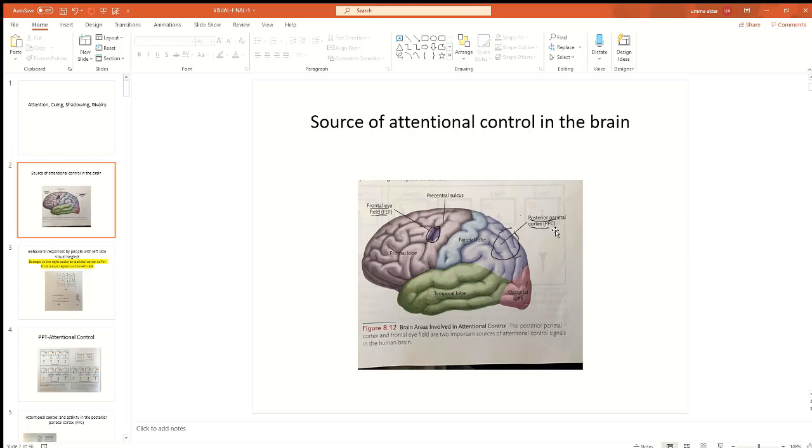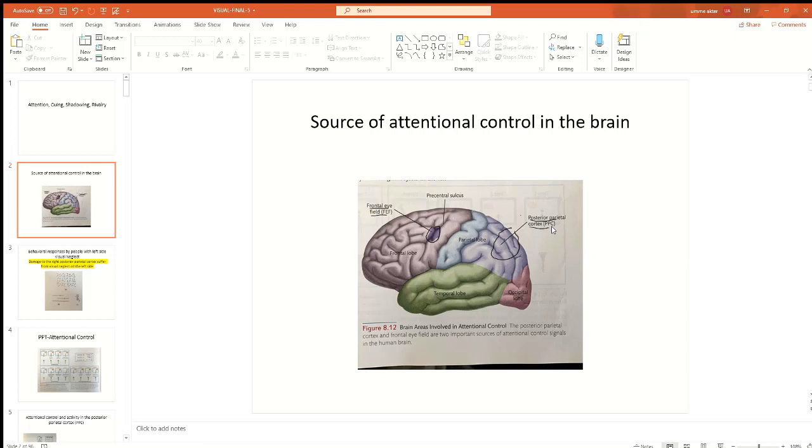Now you see here, if any lesion occurs in the posterior parietal areas, then there is a clinical term that is called unilateral visual neglect.